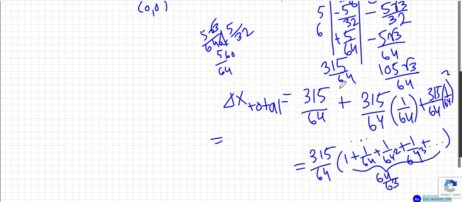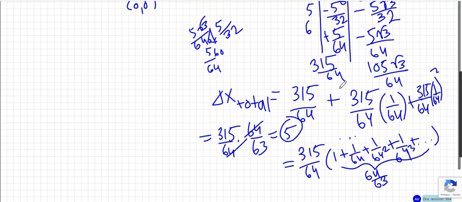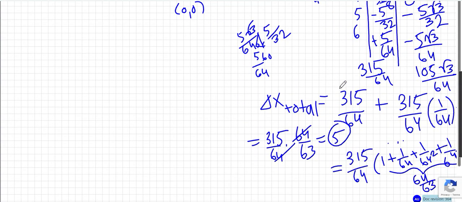So when I have 315/64 times 64/63, this cancels out and it's equal to 5. Okay, that's my total change in x for the entire figure.